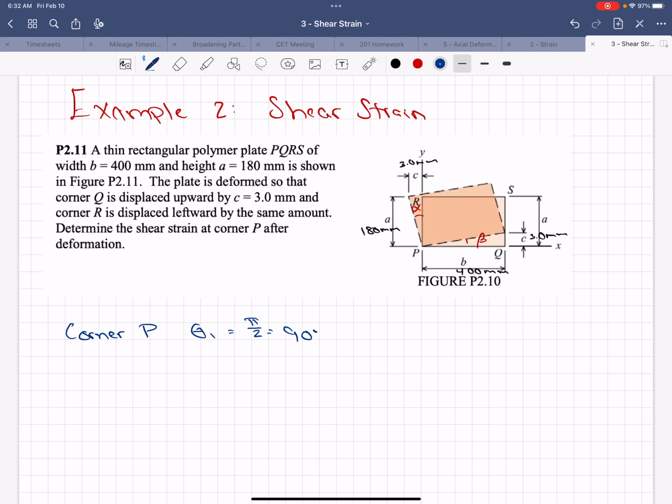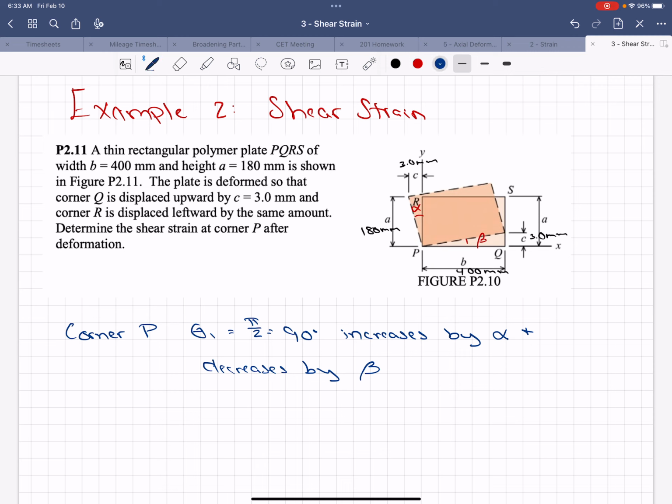It then increases by the angle alpha and decreases by the angle beta. So we need to calculate alpha and beta and then find out what our theta 2 value is.